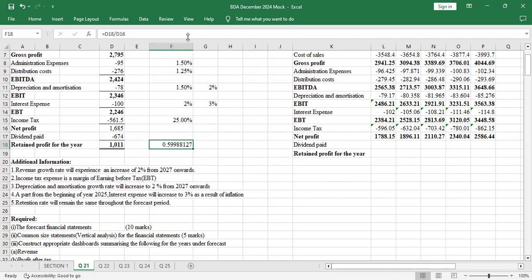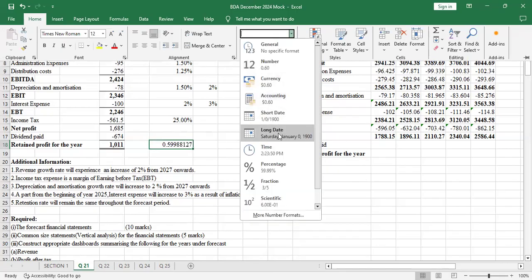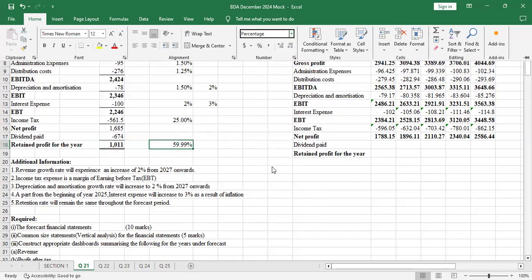So let me change it into percentage. Percentage gives us 59.9. Yes, so let me see if I can decrease the decimal.